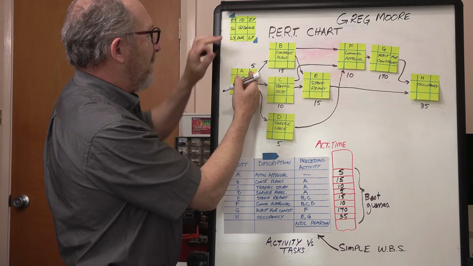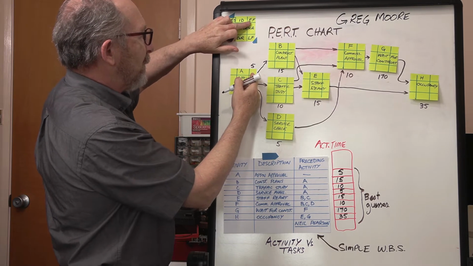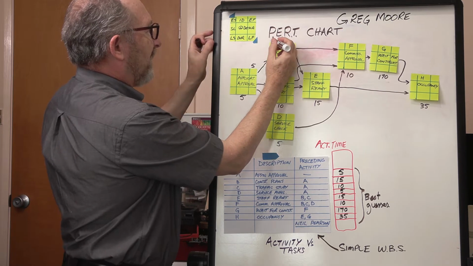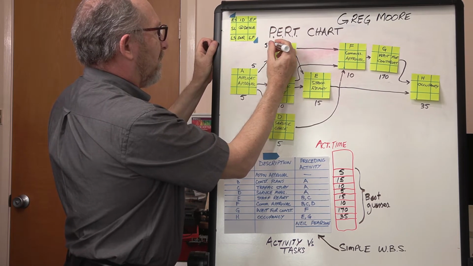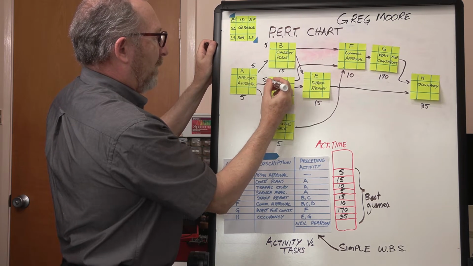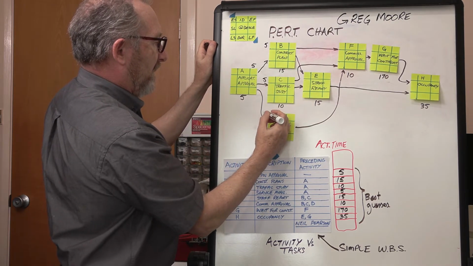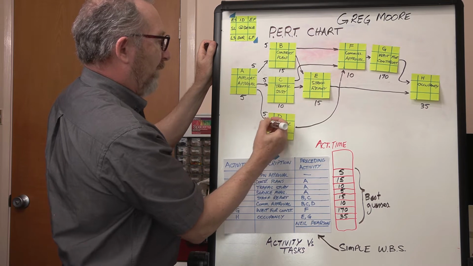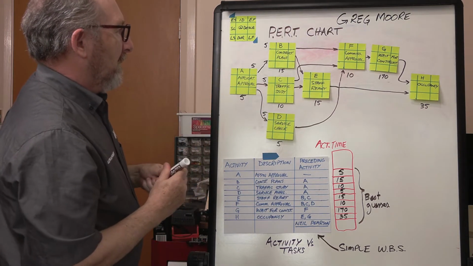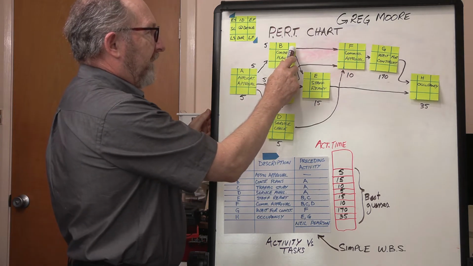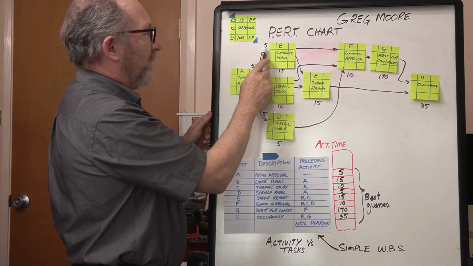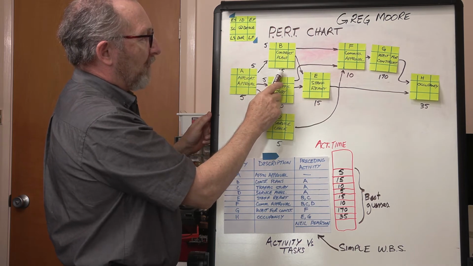And that 5 for an early finish becomes the early start for B, early start for C, and an early start for D. The earliest finish for B is going to be the early start plus the duration.